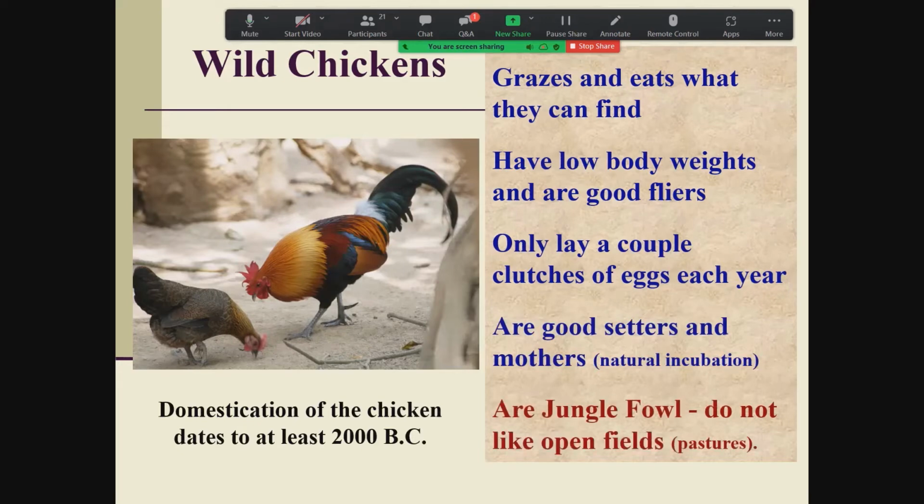And the other thing people need to understand, we hear so much about pasture poultry and birds running on pasture and so forth. There's two reasons they're not really good pasture poultry. One is they're jungle fowl. They're used to being in brushy, covered areas where they feel safe. And also our new birds are white, which makes them stand out even more, a lot of them. But the other thing is the grasses that are in most pastures, where it's just green grasses, basically serve as nothing more than some liquid and fiber.